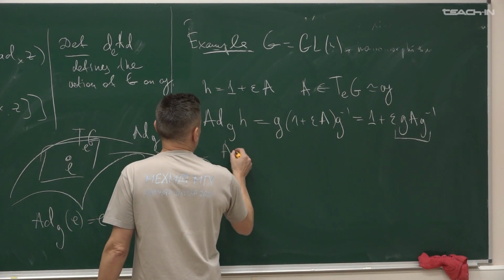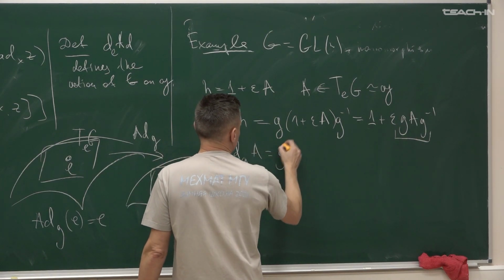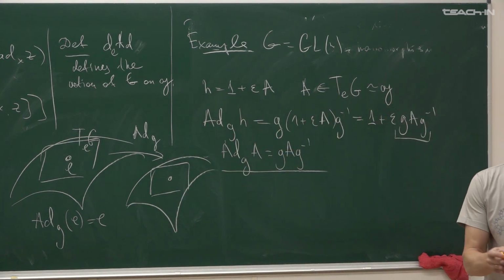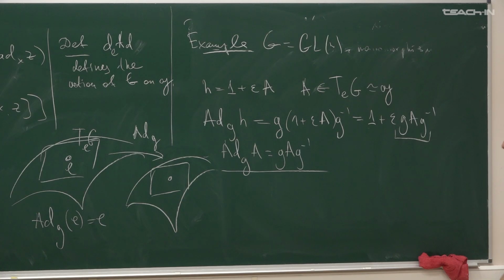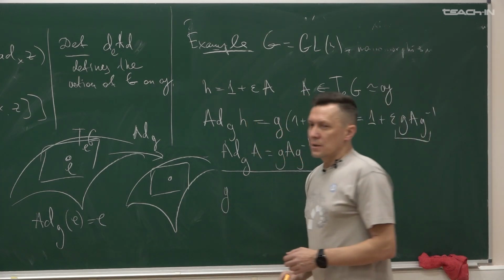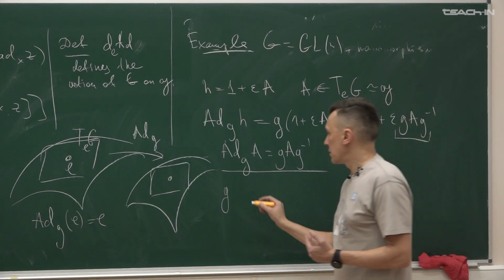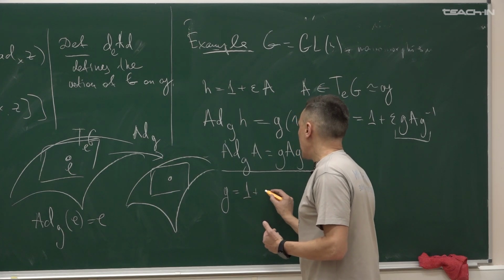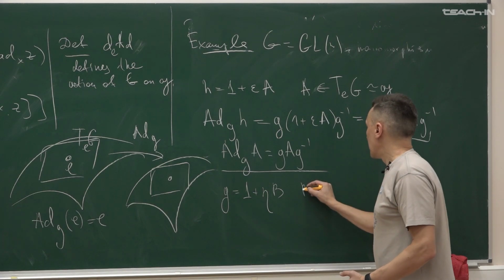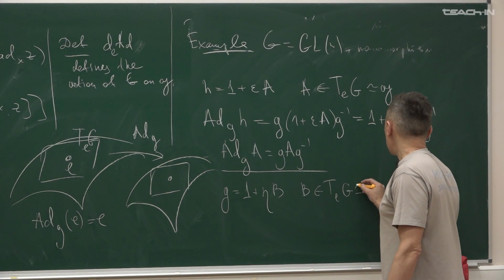So the adjoint action of g on A is g A g^{-1}. But we will go further, and we now consider an element g also in the vicinity of the unit element: 1 plus eta B. And B is also an element of the Lie algebra.